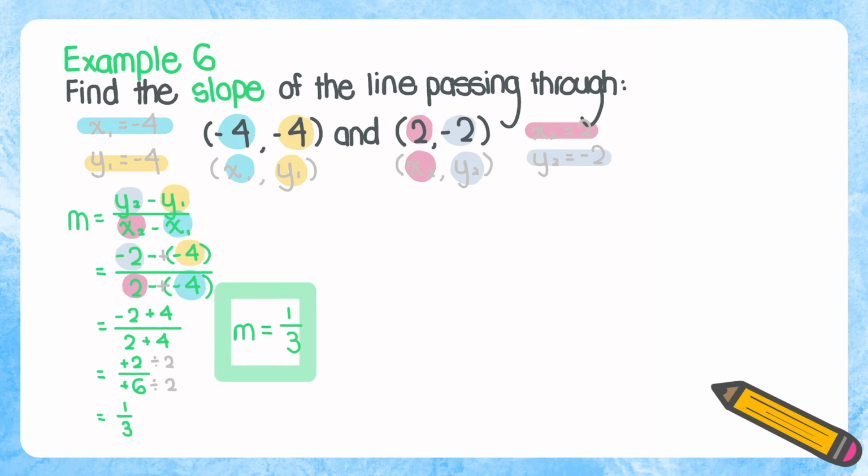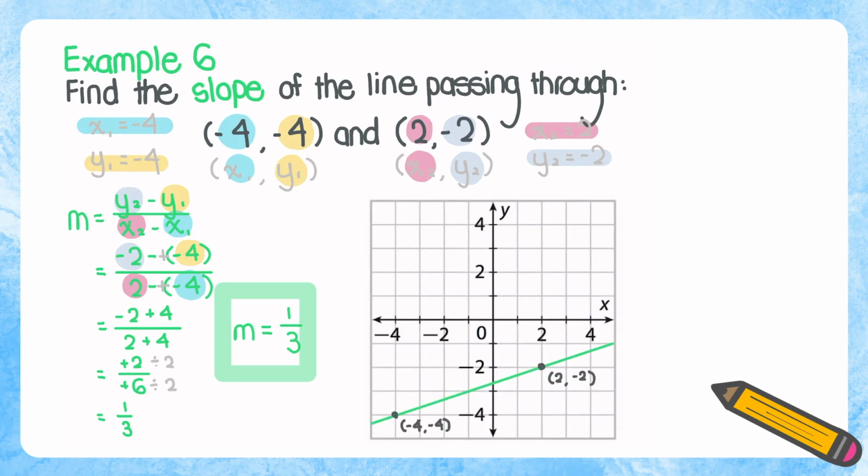And so make sure to simplify when you can, but notice that when we look at the graph, the slope m equals 2 over 6 and the slope m equals 1 over 3 still result in the same line. We just always want to simplify fractions so that it looks simpler.